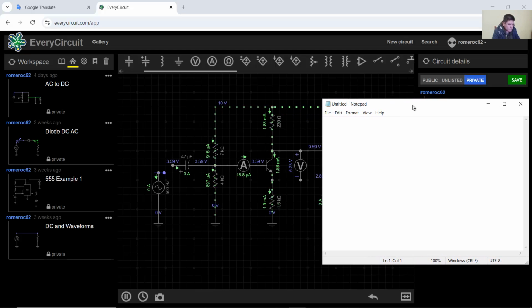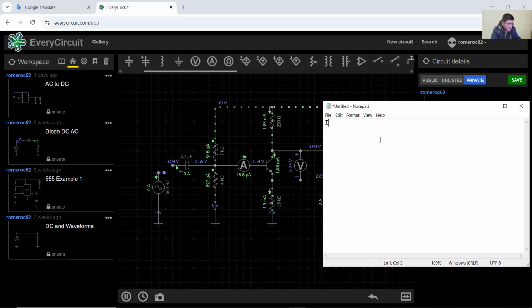Okay, the current in the base is this value, 18.8 microamperes. Okay, and the current in the collector 1.88 milliamperes.